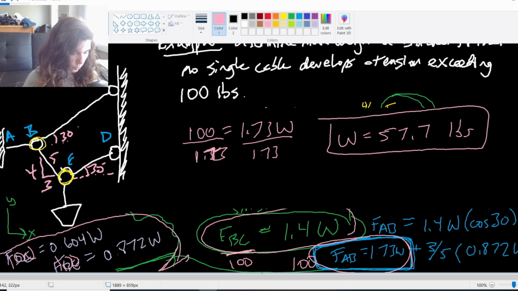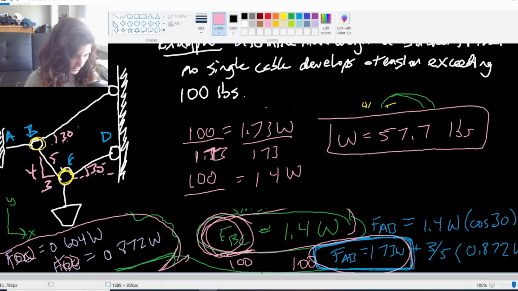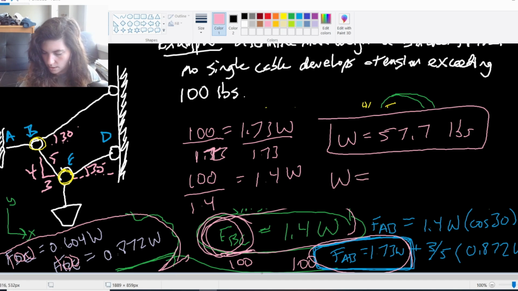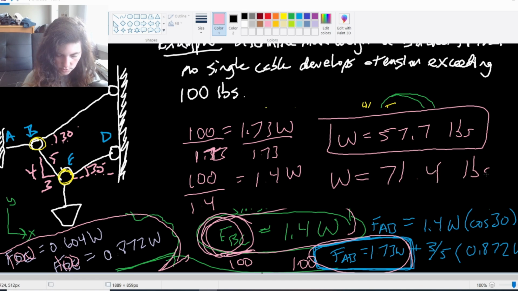But if I plugged it into one of these other equations, and I said 100 equals 1.4 W using our F_BC equation, and I divide by 1.4, then I get a weight of 100 divided by 1.4, which is 71.4 pounds.